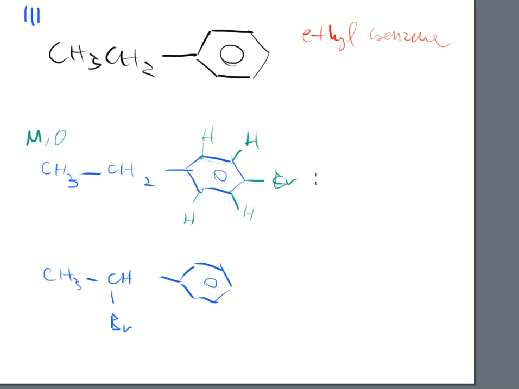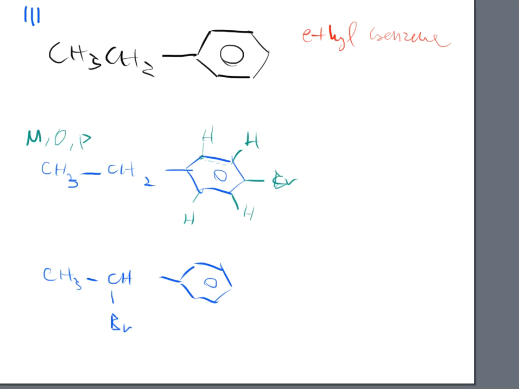It is a 1,4 position or a para position here. The other time it was a 1,3, and the other time it was a 1,2, but now it's a 1,4. They're all different names, and if they're all different names, they're all different signals. Got it? That's how NMR works.